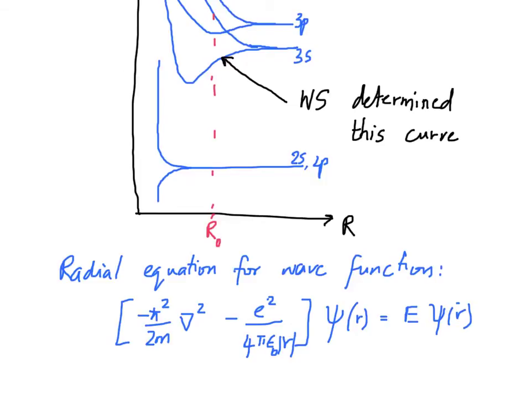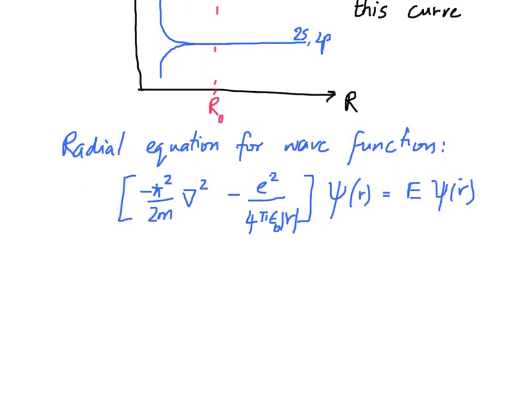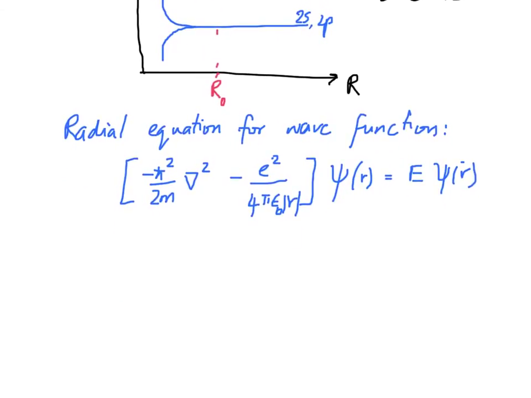So there is the radial Schrodinger equation that we wish to solve for our hydrogen atom or for our sodium atom, and it turns out that we can do that by sticking in various values of E and solving for the wave function psi numerically that would satisfy this particular equation. So if we chose the correct value of the 3s energy level for this E, here is what we would get.